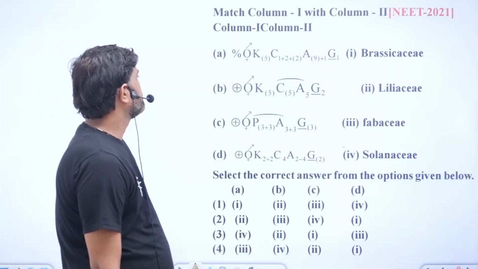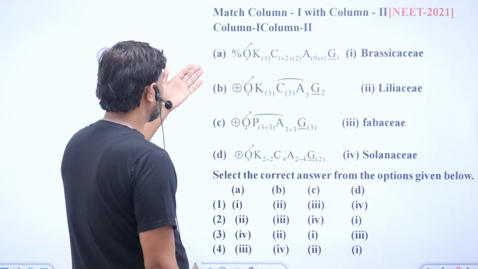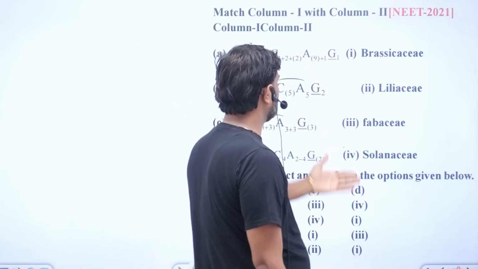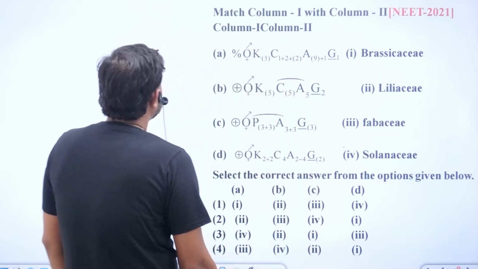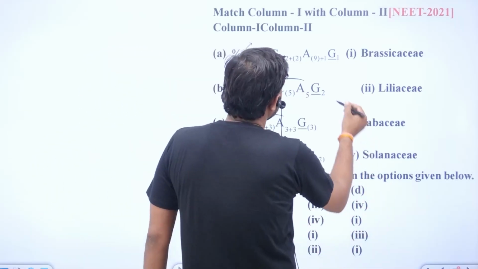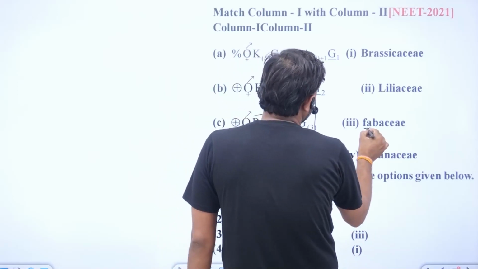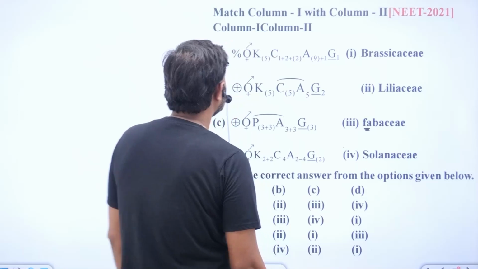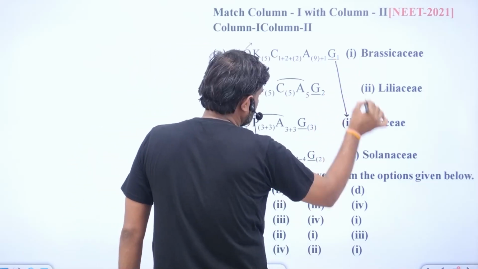Match column first with column second. Column first is related to floral formula and column second is related to plant family. First, basically identify the gynoecium. Fabaceae, monocarpellary condition. Match: A is third.